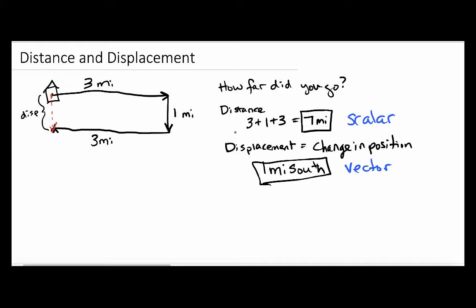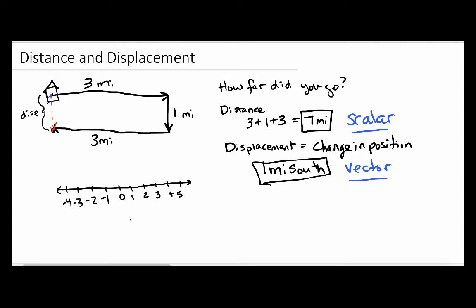Your distance could be 0 if you don't move, but if you move, this number is always going to get bigger. It can never go negative, but displacement can go negative, because if you start out here, but you end up over here, then you've actually gone in a negative direction from the origin. So scalar quantities have no direction, and vector quantities have direction.